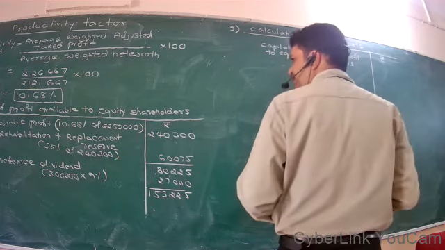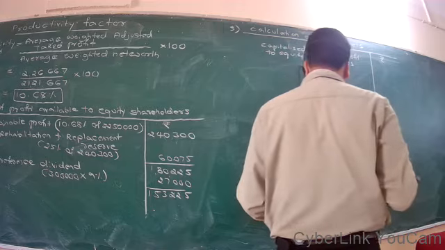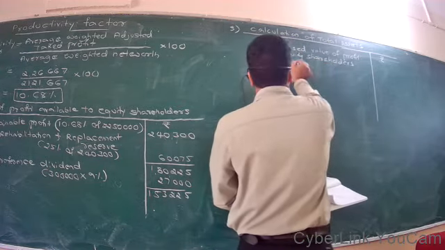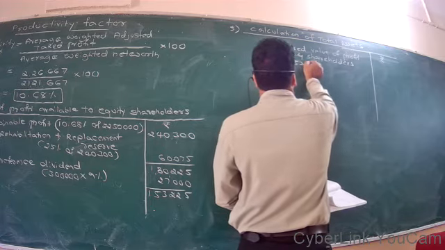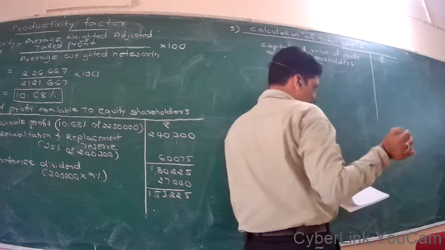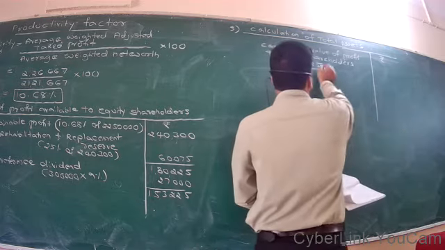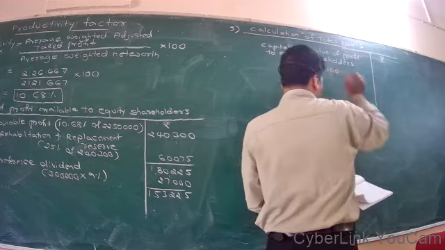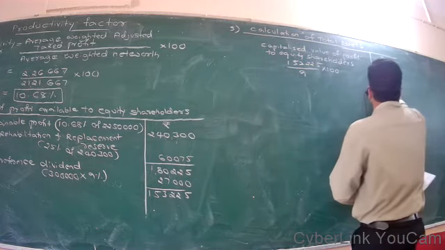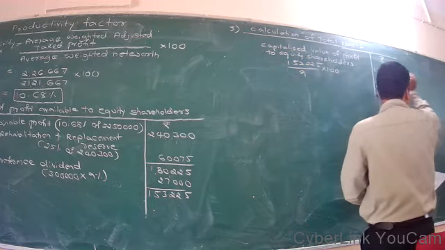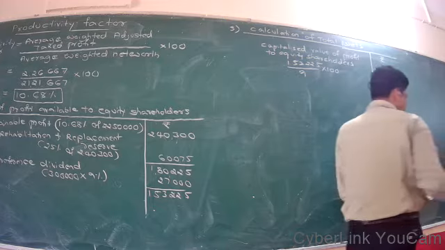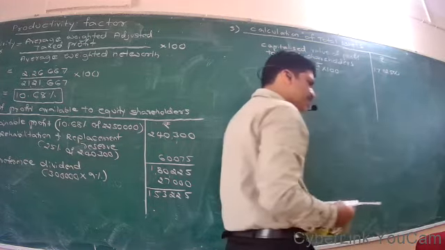So this one you have already calculated, profit available to equity shareholders, that is 1,53,225. So divided by 9 into 100. So it becomes 17 lakh 2,500.